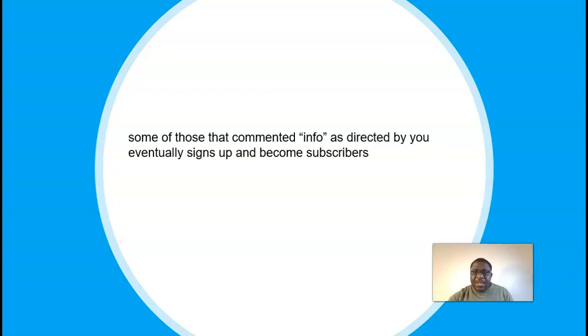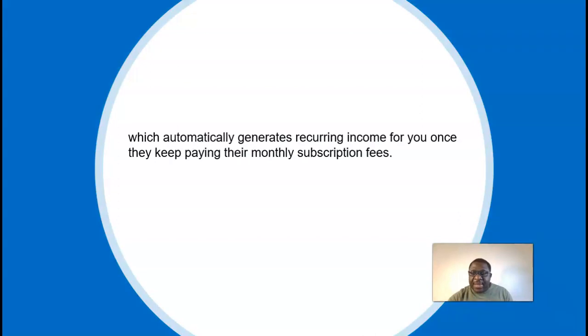Then some of those who commented info as directed by you will eventually sign up to become subscribers of Builderall through your affiliate link, which you'll be providing to them. And once they do, this automatically starts generating recurring income for you once they start paying their monthly subscription. And remember that once they sign up and upgrade to paid members instantly, Builderall is giving you 100% of that money instantly.